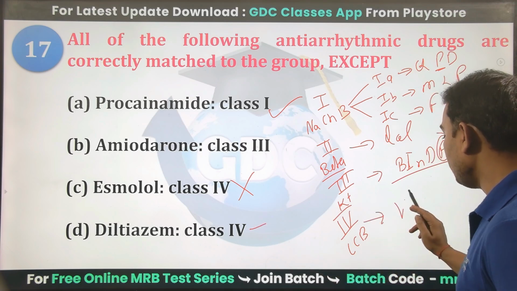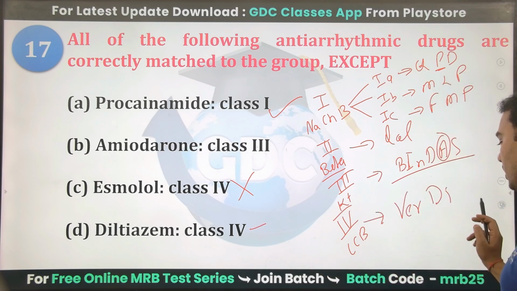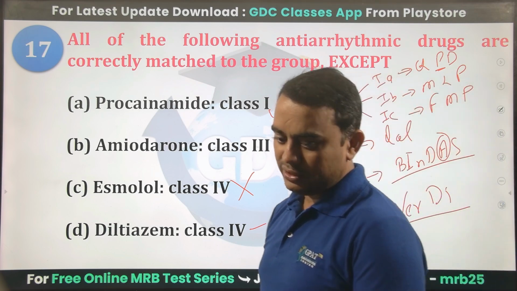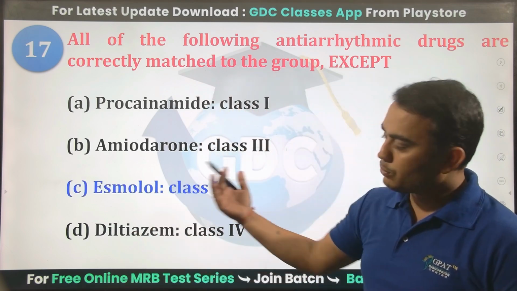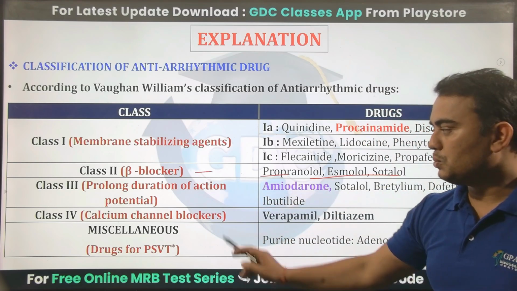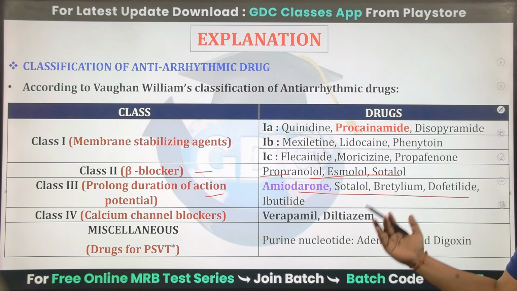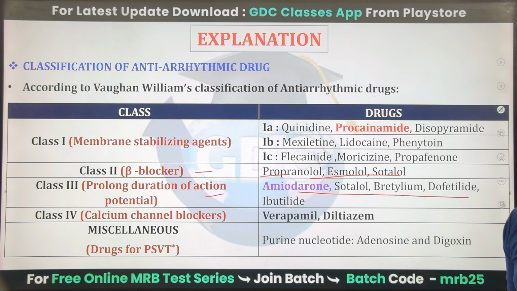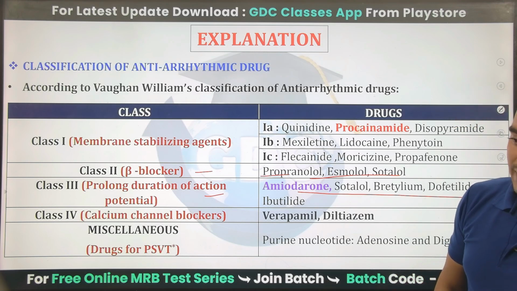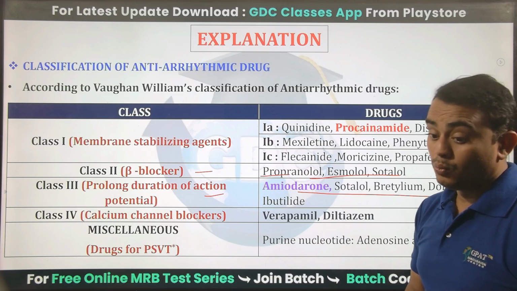Diltiazem, yes, under the fourth class we have two drugs, verapamil and diltiazem. So we can easily find these answers by the trick. Esmolol comes under class 2. Class third we have amiodarone, sotalol, bretylium, dofetilide, ibutilide. Class 4 we have verapamil and diltiazem. Simply remember one word.